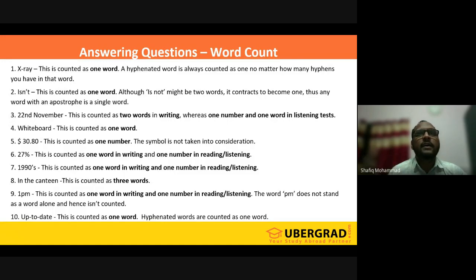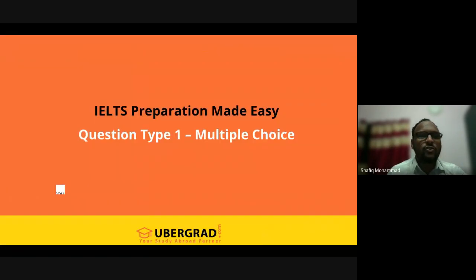For example, 10:30 in the morning: 10:30 is a number, and 'in the morning' is two words. So you need to be very, very careful with the word limit in the instruction. Slowly you learn it.